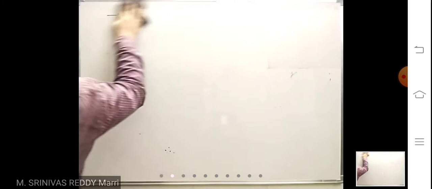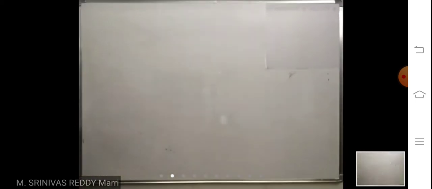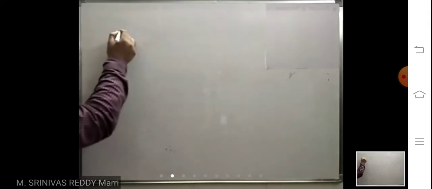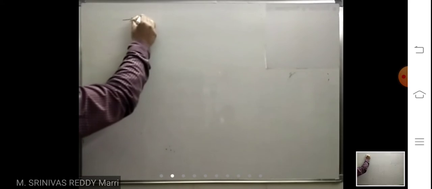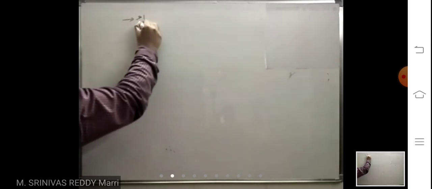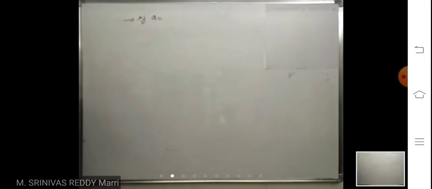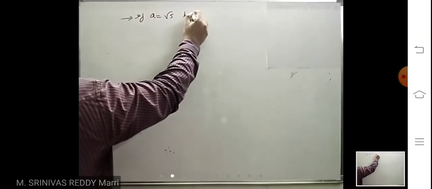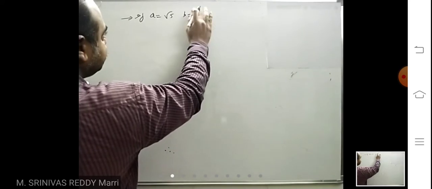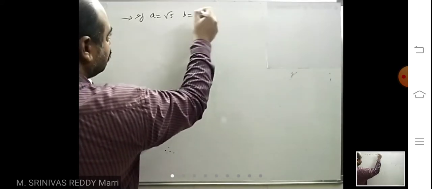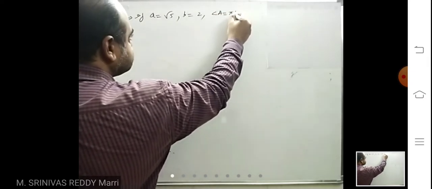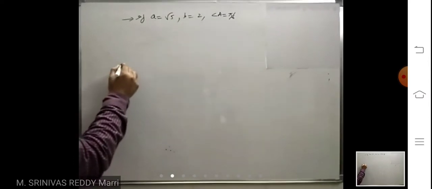Look at the next problem. Forming a quadratic equation here is important. Look at another problem. If a equal to root 5, b equal to root 2, angle A equal to pi by 6.